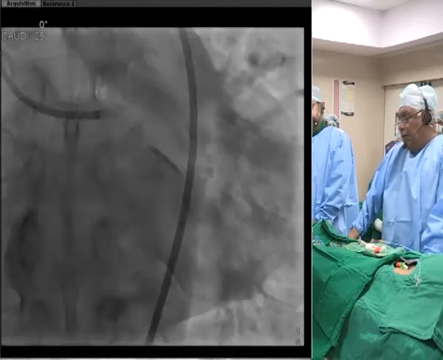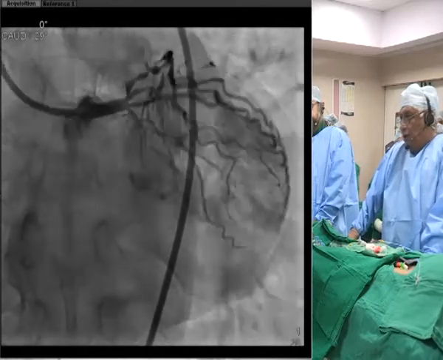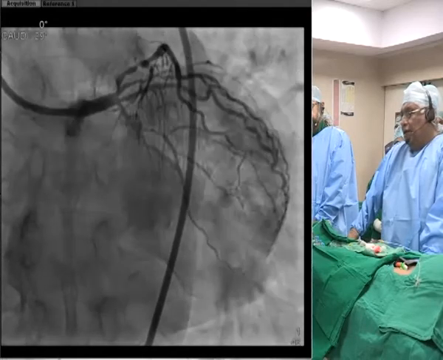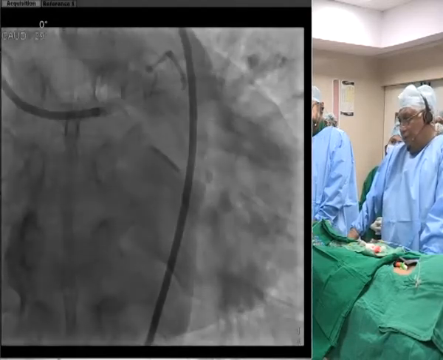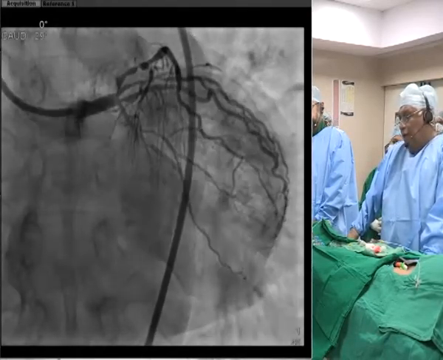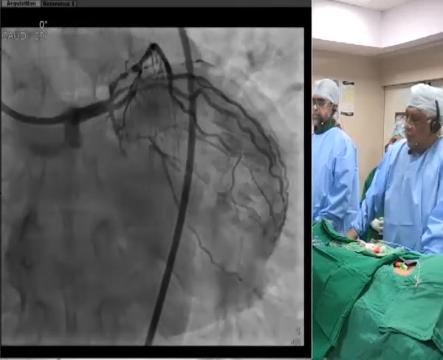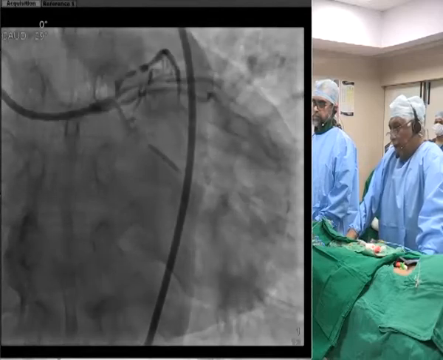My only concern is if you look at this view, the circumflex has disease starting from the ostium. Yes, it does. If I stent from the ostium, I'm definitely going to compromise the ramus. That is correct.